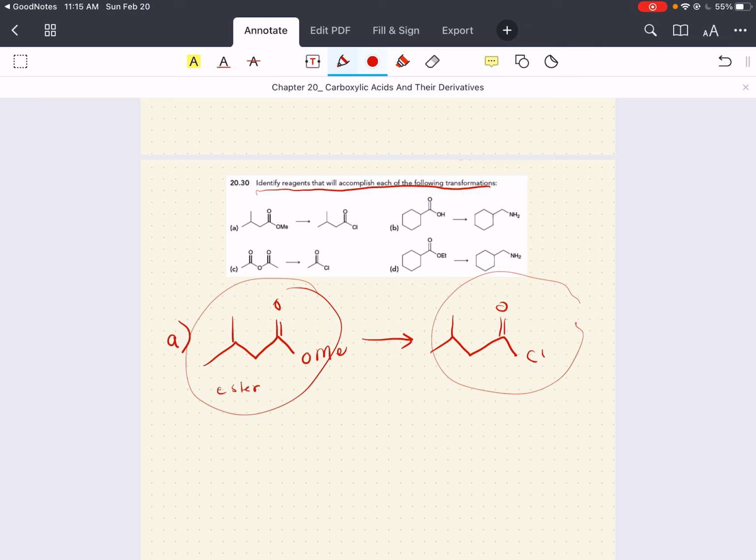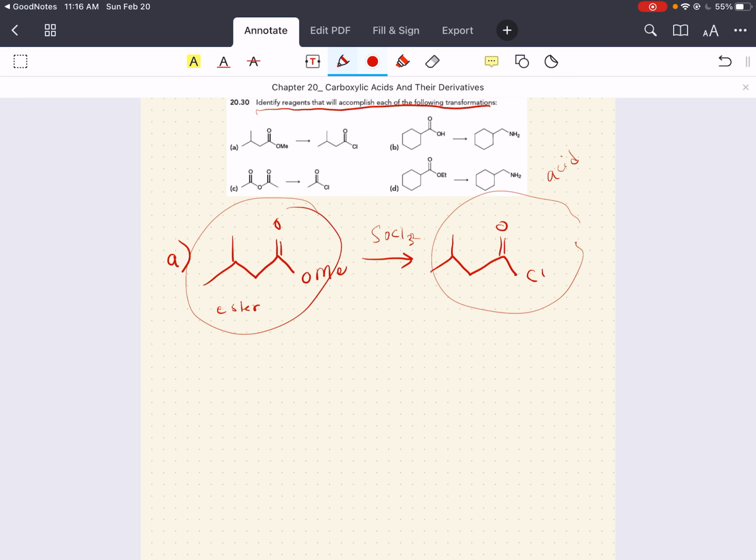Why? Because acid chlorides are way more reactive than esters. If you just treat this with straight up thionyl chloride, you're just going to keep reforming the ester, because the chloride is such a good leaving group, it will repeatedly leave.